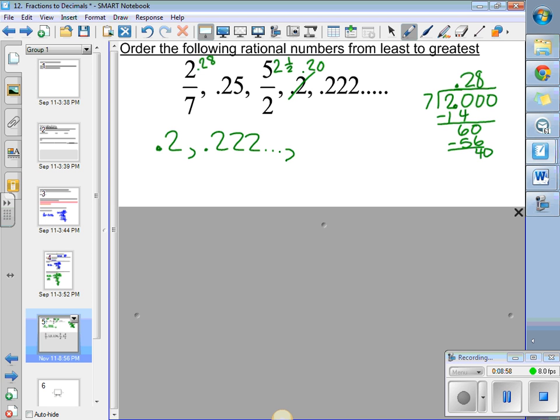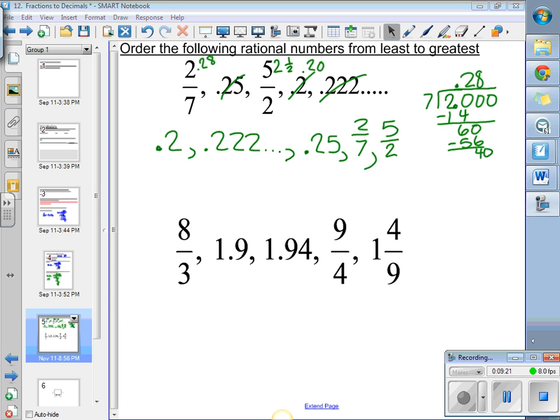Okay. And then the 25/100. So we got those 2. Then we've got 2/7. And then we've got 5/2. All right? Hopefully that works for you. And as always, I hope you're pausing this and doing it yourself before you're just jumping in and watching me.